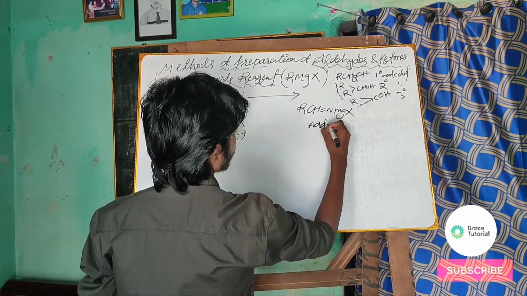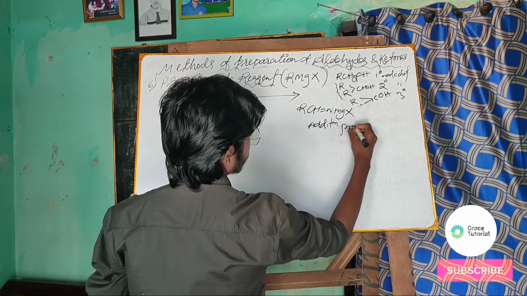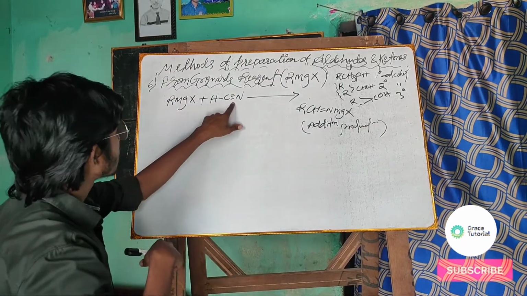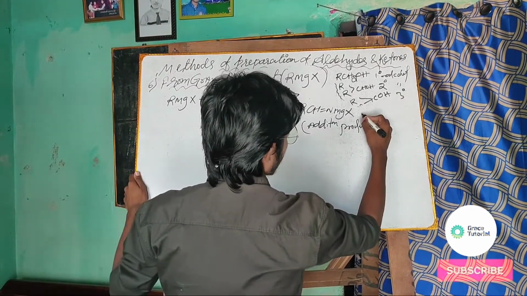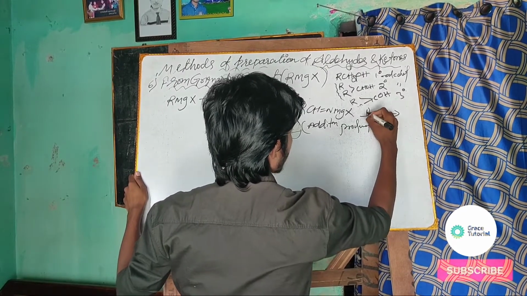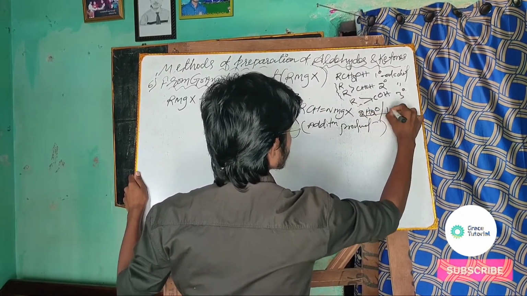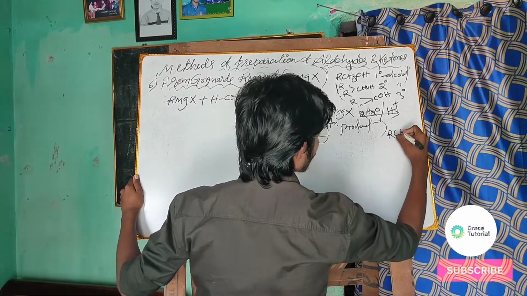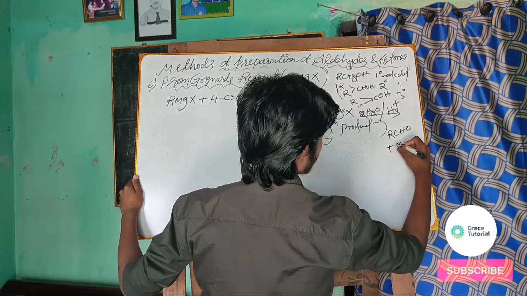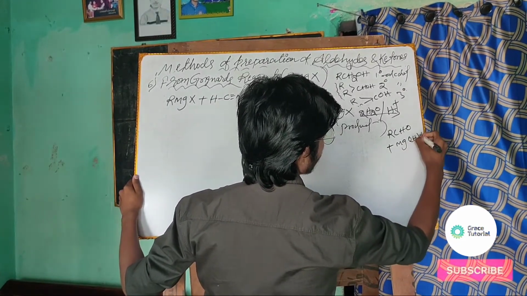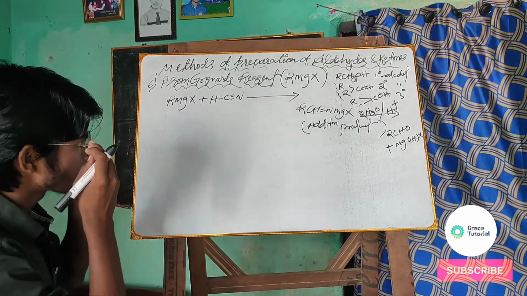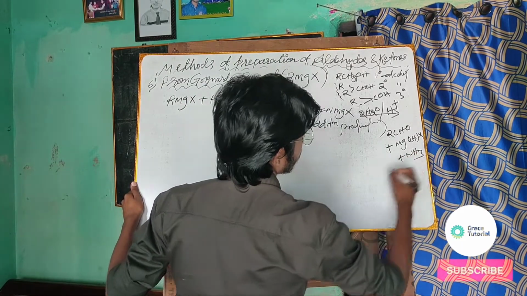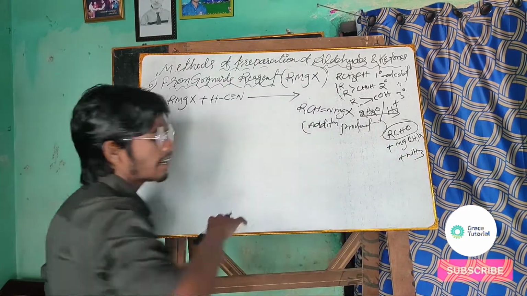Look here, RCH=NMgX. So the addition product is obtained, and followed by acidic hydrolysis, it gives RCHO plus Mg(OH)X, magnesium hydroxy halide. Ammonia is also released from it. But anyhow, the main product obtained here is the aldehyde.